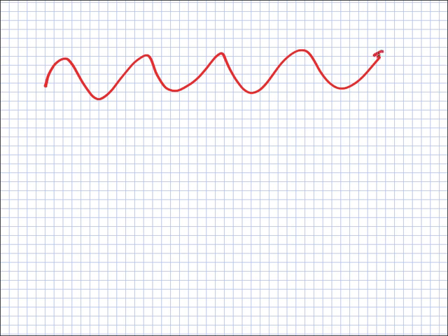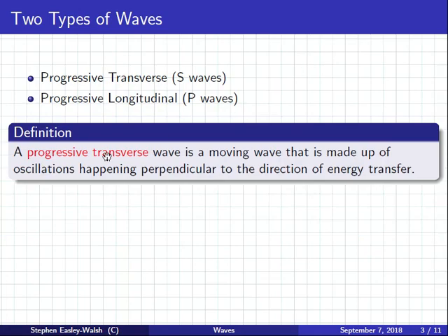And what's happening here is as the wave is moving to the right, you have this vibration which is happening perpendicular. So what's special about a transverse wave is a moving wave that is made up of oscillations. Oscillations means like this, which happens perpendicular to the direction of energy transfer.